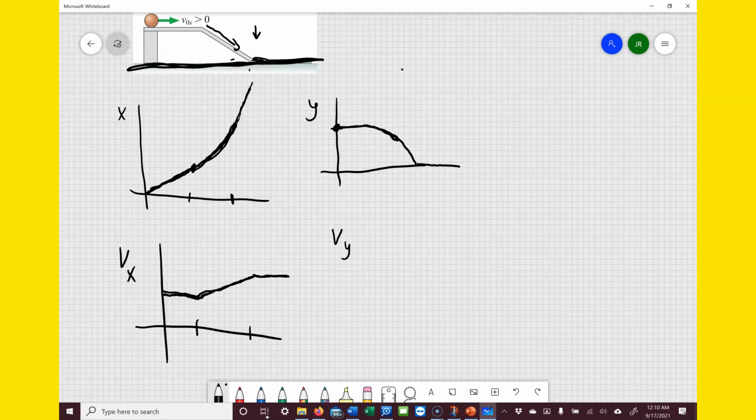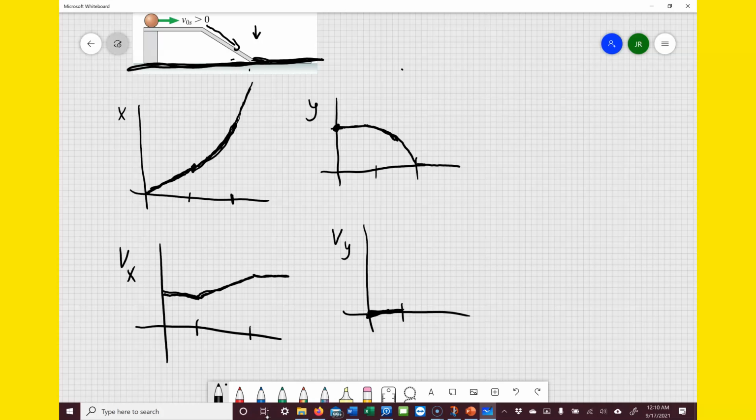All right, vertically, the vertical velocity graph would be, it starts out with a slope of 0, so a vertical velocity of 0. It's not moving vertically at all. It's moving horizontally, but it has no vertical velocity until it gets to here.